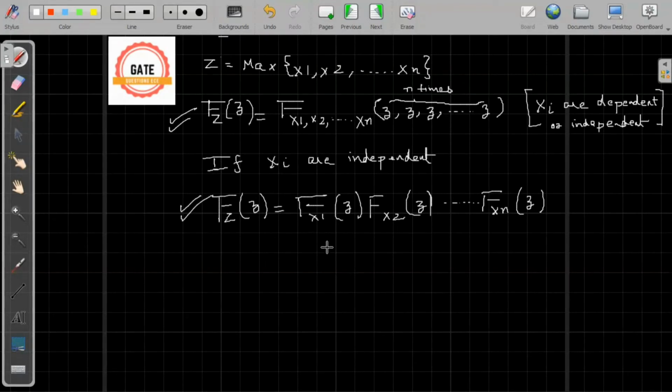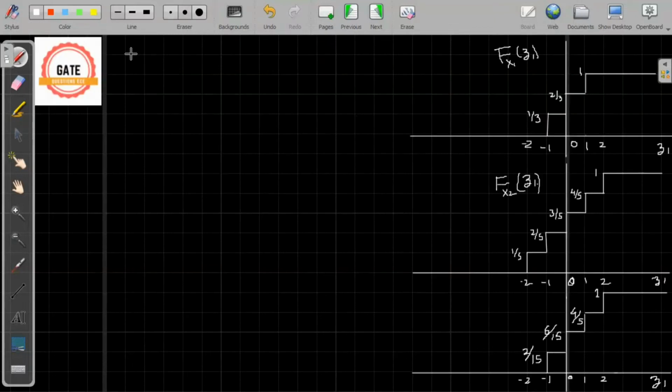So now we will be using these results to calculate the problem that was given to us. So let's see how to use these results to calculate such problems. It is given in the question that X1 is uniformly distributed over the range -1 to 1.